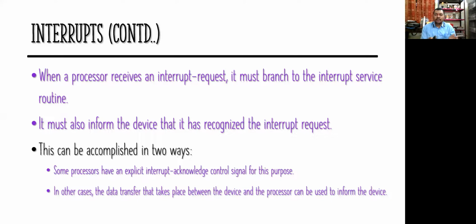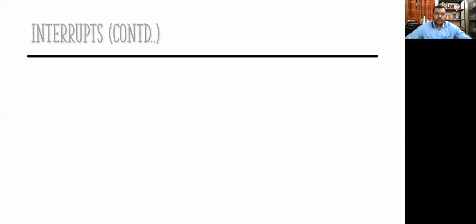As soon as our interrupt request arrives, the data transfer automatically starts, and through that the processor signals that it has acknowledged the interrupt, right? So these are the two ways. Either it sends the interrupt acknowledge and then starts to transfer, or, in the other case, as soon as it receives the interrupt request, it starts the data transfer.